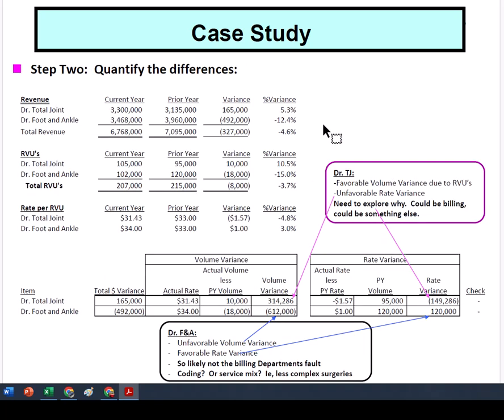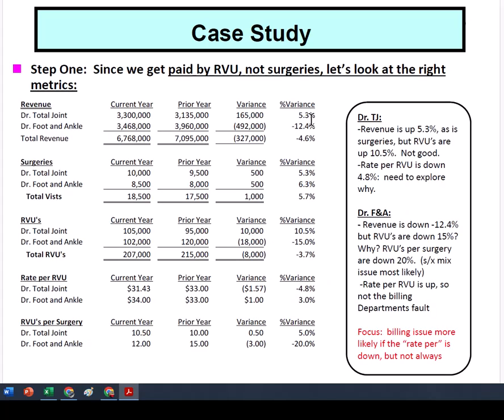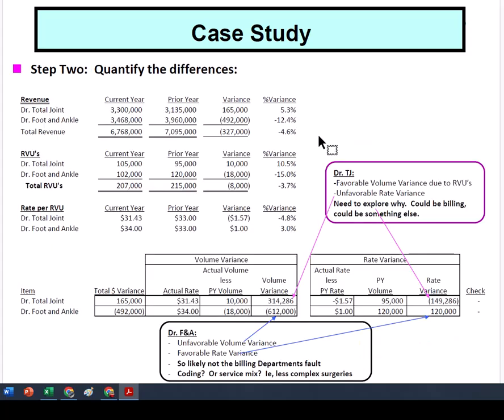So, I'm a big fan of the percent variance relative to drivers. That's what most people use. But you had my class, so you're going to want those quantified, because I really like rate and volume variance.